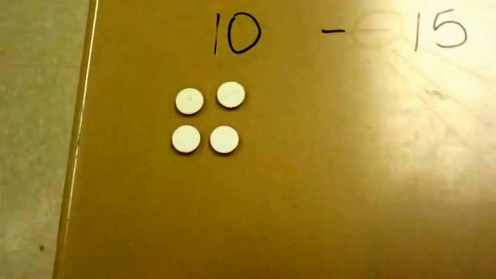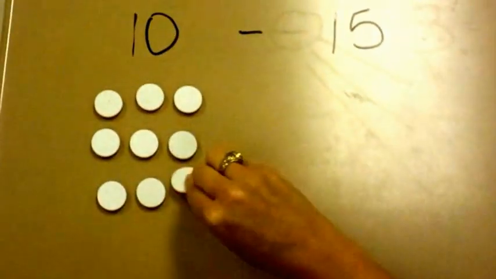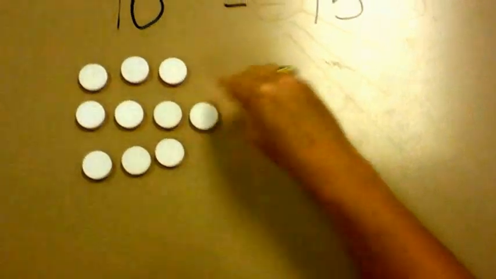Alright, let me show you another one. 10 minus 15. I'm going to model this. It's a positive 10. 1, 2, 3, 4, 5, 6, 7, 8, 9, 10.